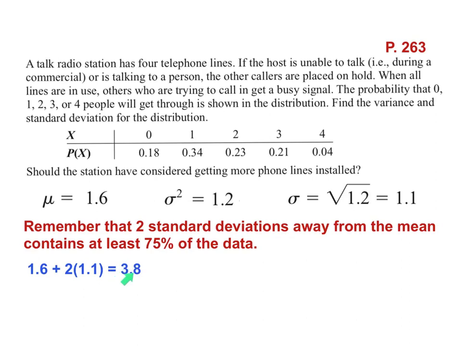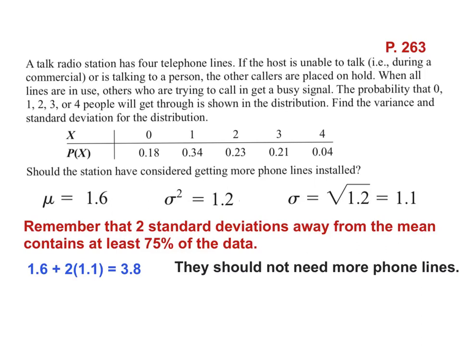If this number had been bigger than 4, then we probably would say, yeah, we need more phone lines. But because most of the time, and again, it's at least 75%, it could be bigger, we're under 4 phone lines, or equal to 4 phone lines, we're in good shape. We don't need more phone lines here, okay?